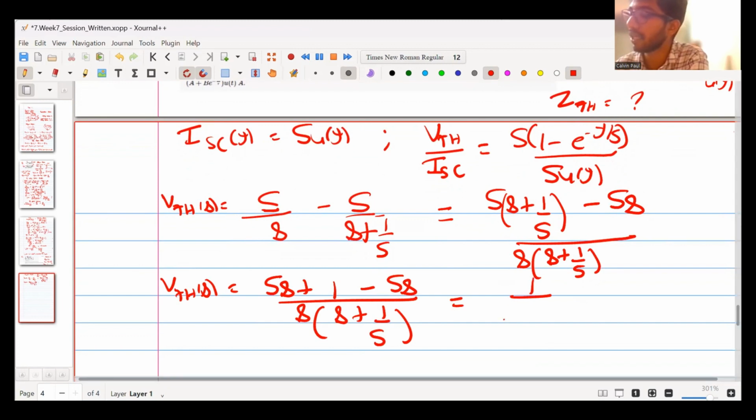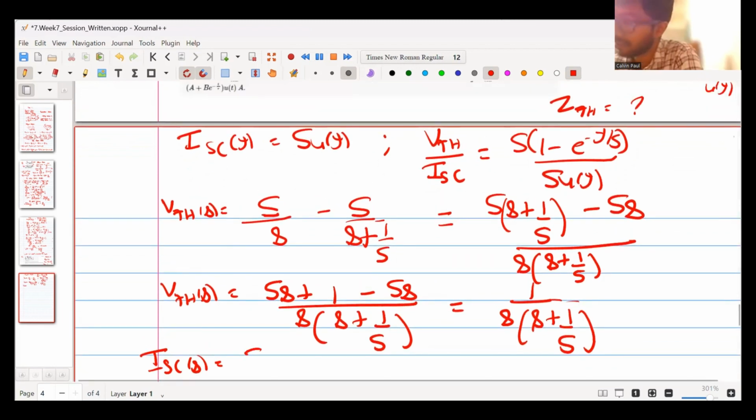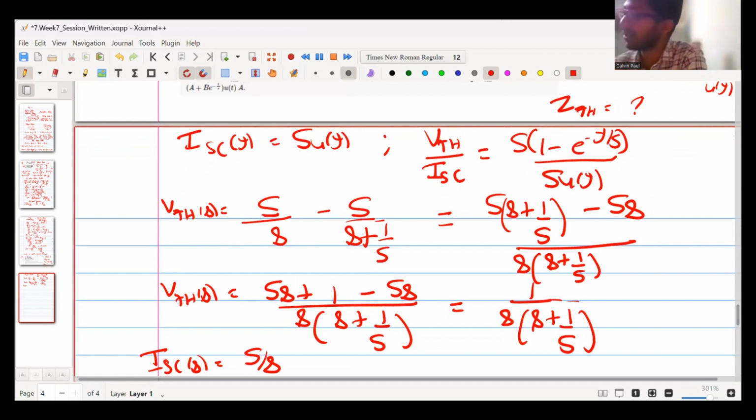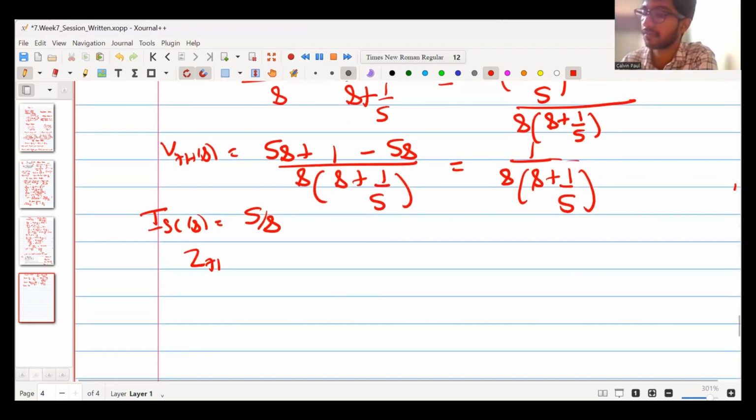That is equal to 1 by S into S plus 1 upon 5. Okay, what is ISC of S? Pi by S, sir. What is my Z Thevenin of S? VTH by ISC. Yes.